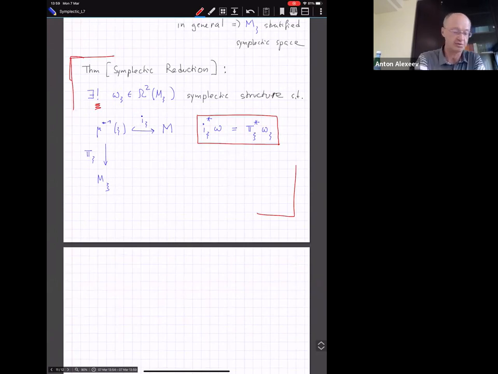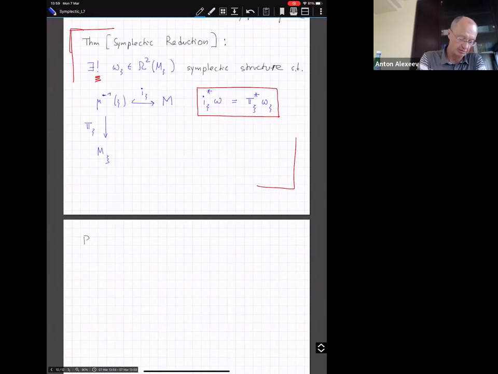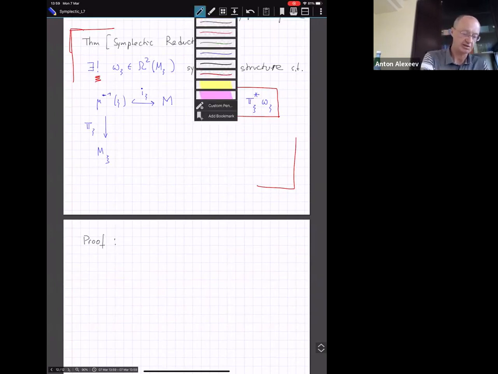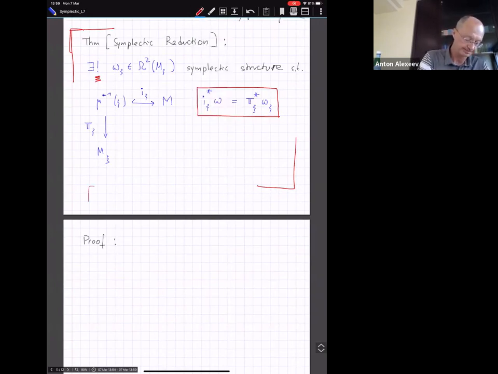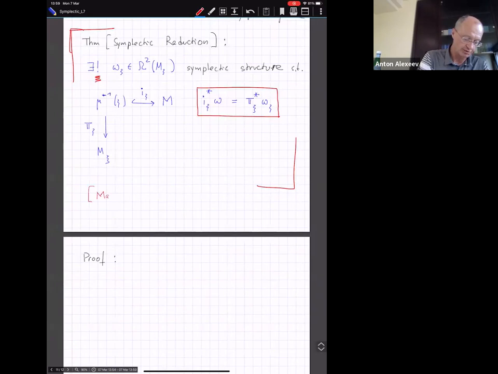Well, this happens: the importance is not always related to the fact that it's complicated. It's also known as Marsden-Weinstein reduction.